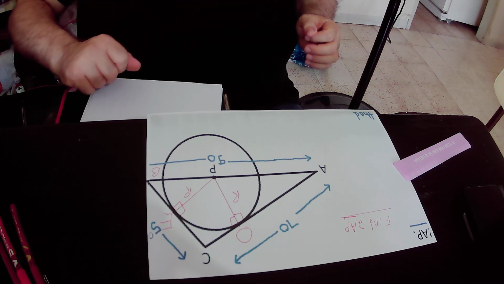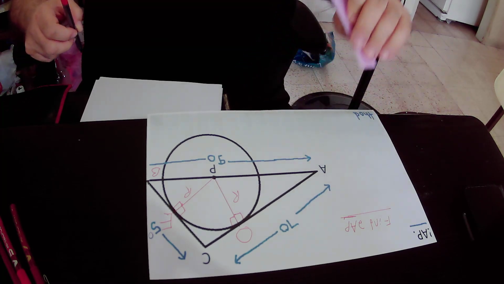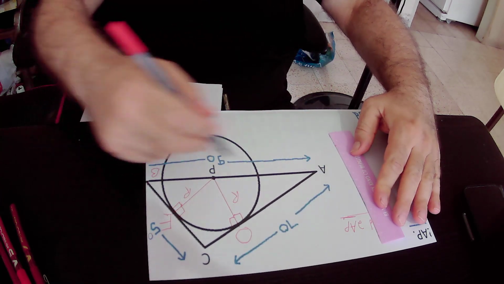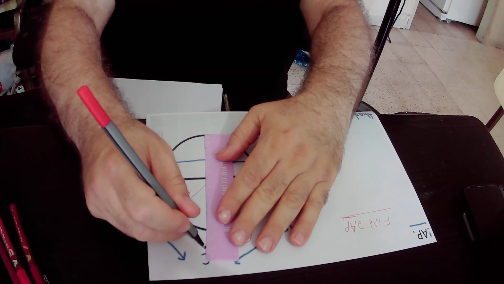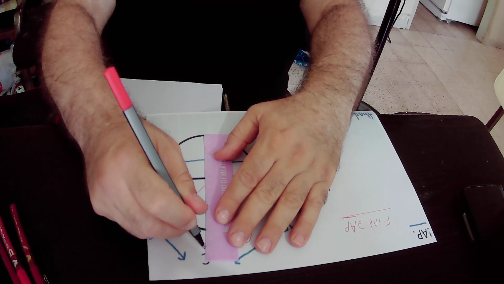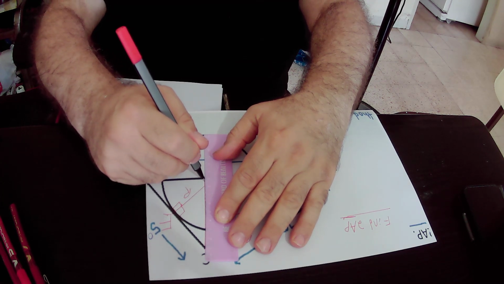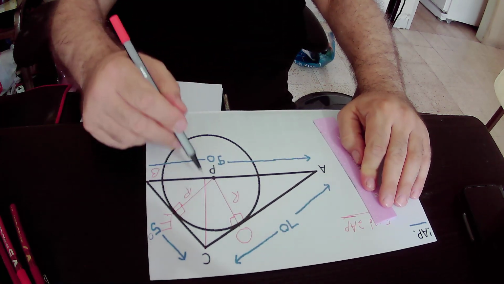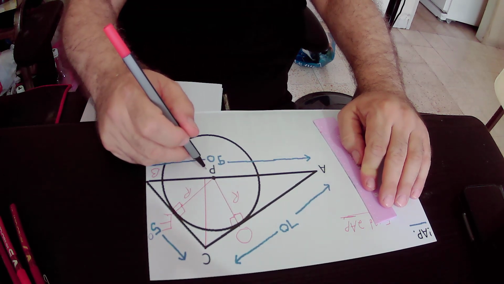Okay, so in the next step we will draw a perpendicular from point C to side AB of the triangle, and we will call the touching point between the perpendicular and side AB of the triangle M capital.